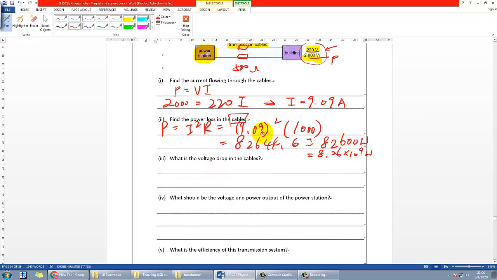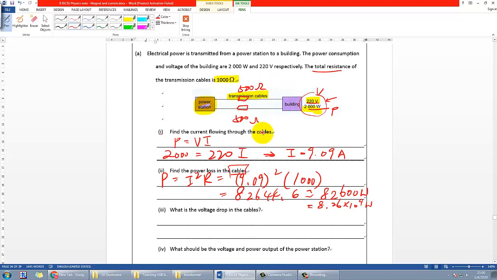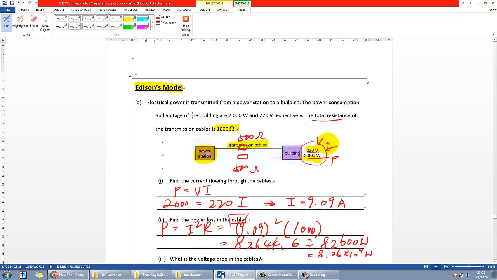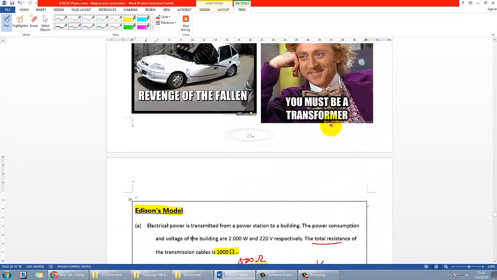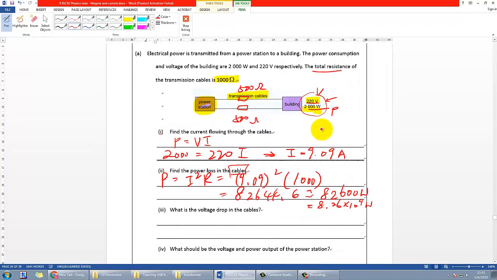Voltage drop across the cable. So this is where it gets to explain why we didn't use voltage in that equation for power, like V squared over R or IV, because voltage you have to calculate, and that will be more steps you need to do. So in order to calculate the voltage drop simply, you can use V equals IR.